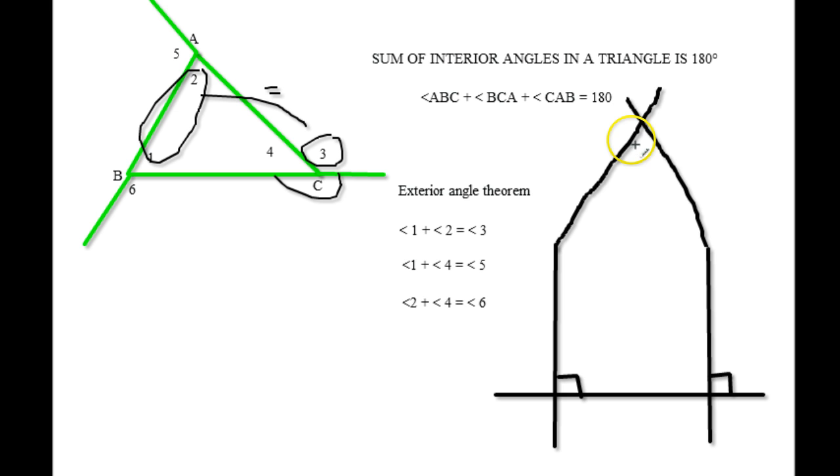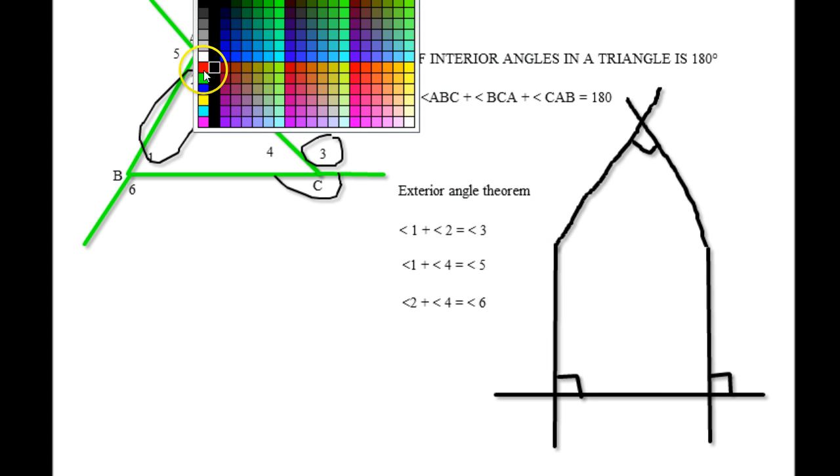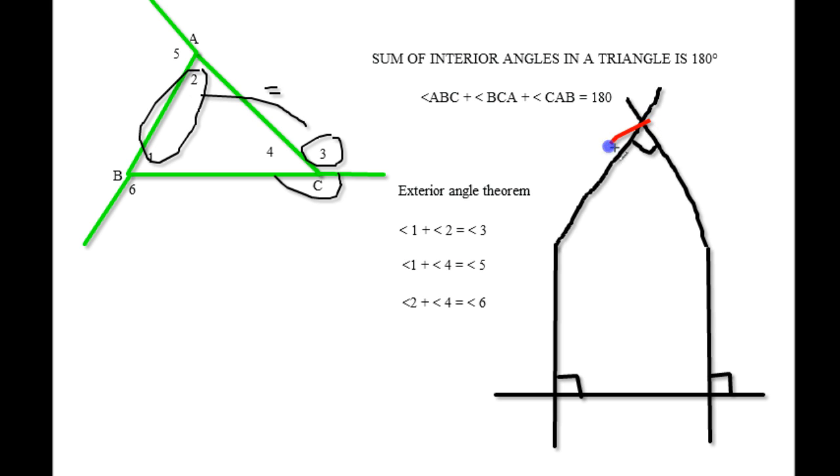Well, if I cross, it doesn't matter what this angle is. These two angles, and this is the really cool thing about this proof, are remote interior angles. So these two angles need to add up to be equal to this angle out here.